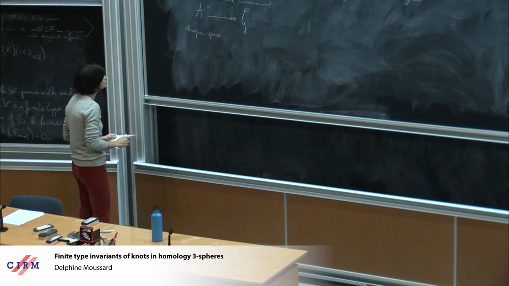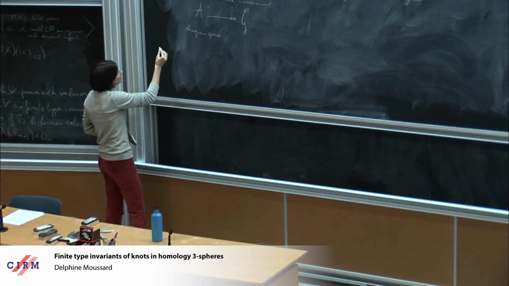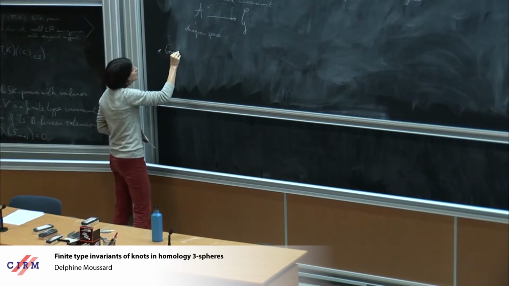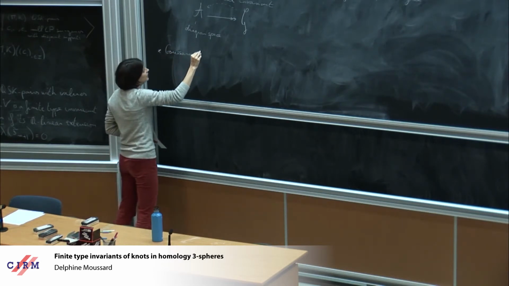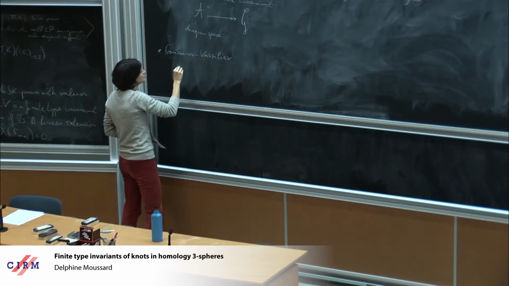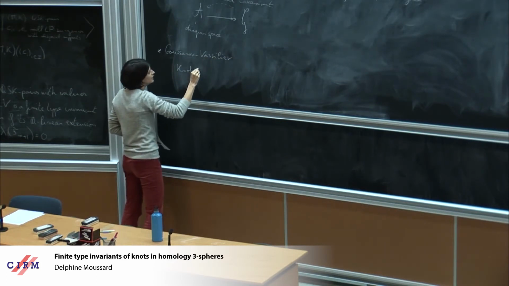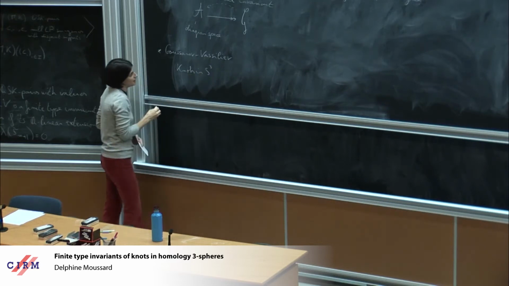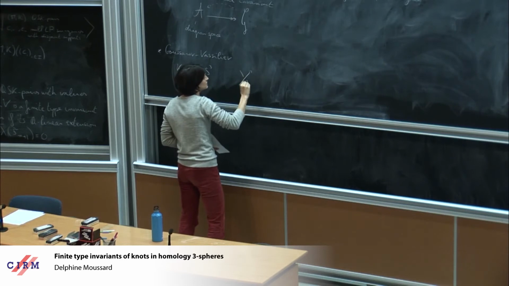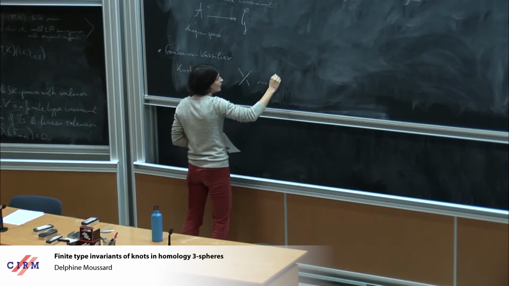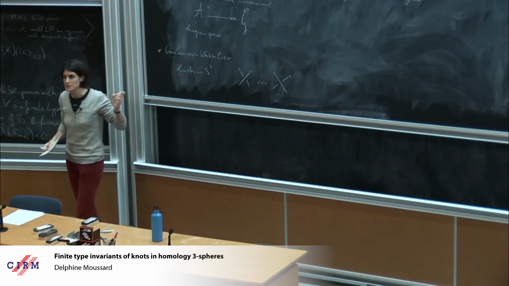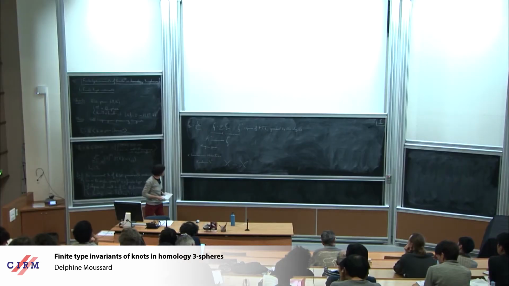The first theory of finite type invariants was introduced by Gusarov and Vasilev, and concerns knots in S3. The move in this case is the change of crossing. In this case, finite type invariants are also called Vasilev invariants.